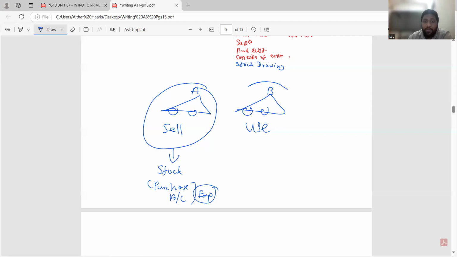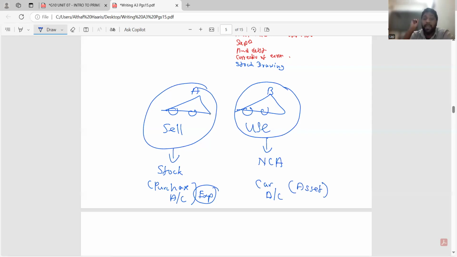If you purchase the same car for you to use it, even if you are a car sale, it is not a stock, it is a non-current asset for the business. It will go to the car account, which is an asset account. So purpose matters. Do not forget.